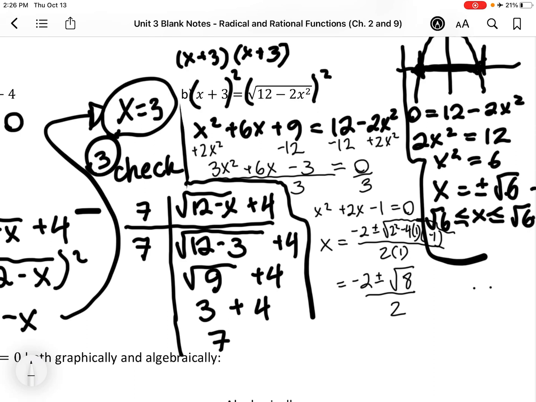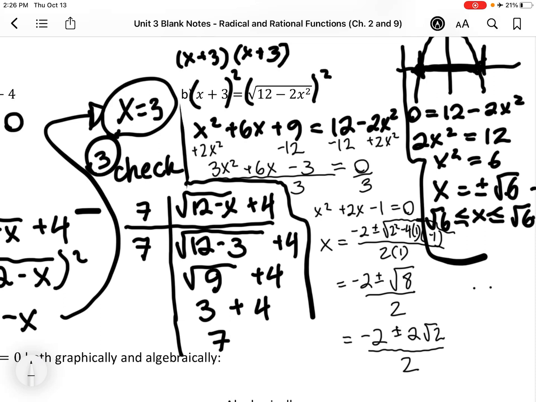Now, if you get to this stage, that's pretty good. But this actually can be simplified further because the square root of 8 as a mixed radical is 2 root 2 over 2. Because 8 is 4 times 2, so you can pull that perfect square of 4 out of the radical.